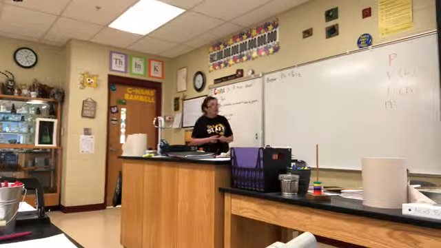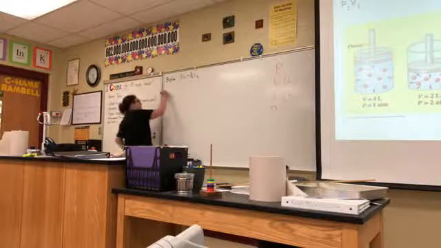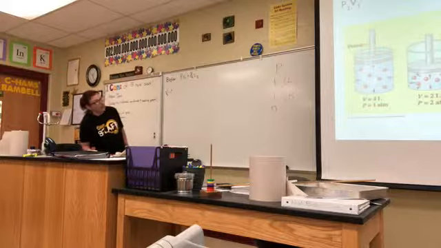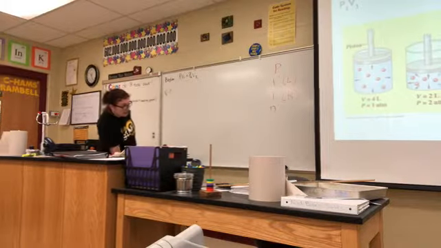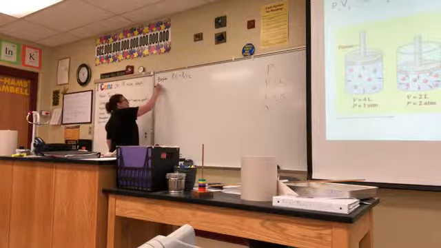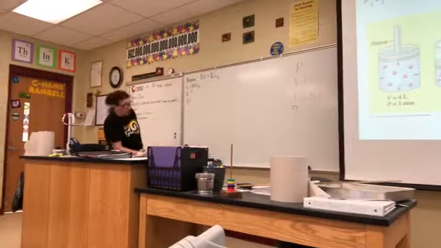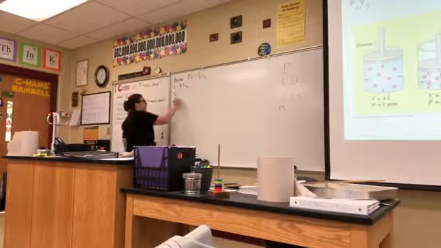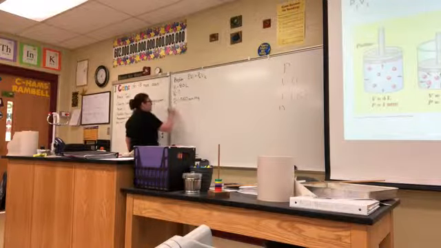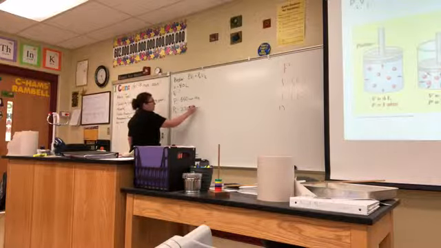Okay? So it says, what is the new volume? If an 8-liter sample, so volume 1 is 8 liters, with a pressure of 550 millimeters of mercury, changes to 2200 millimeters of mercury.